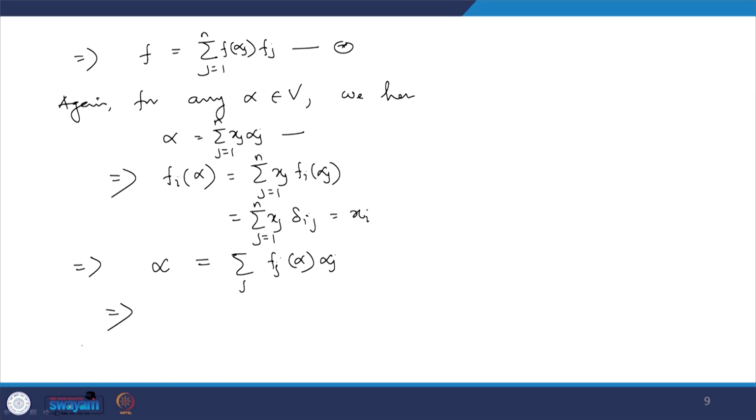So, this implies the coordinate matrix of alpha with respect to ordered basis B is equal to f1 of alpha, f2 of alpha, fn of alpha transpose.